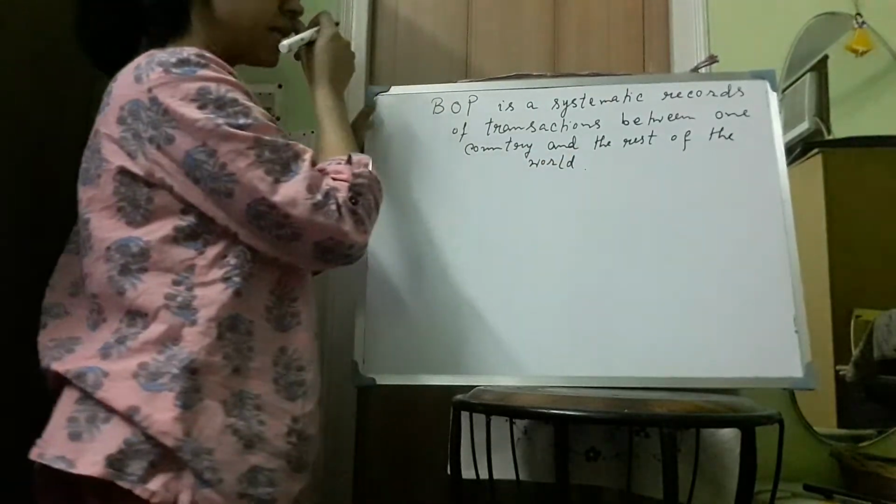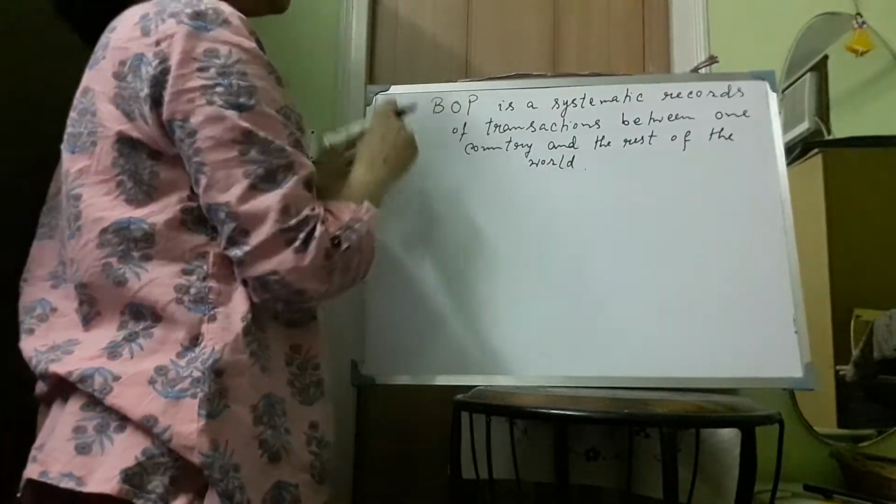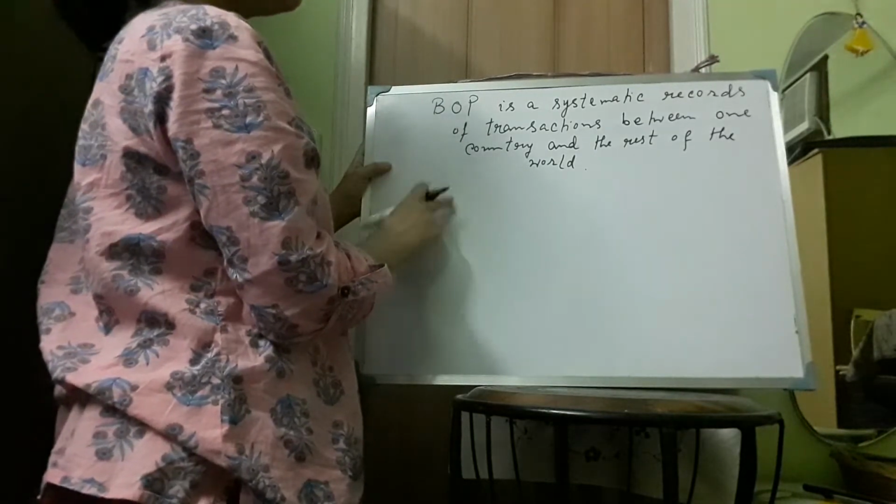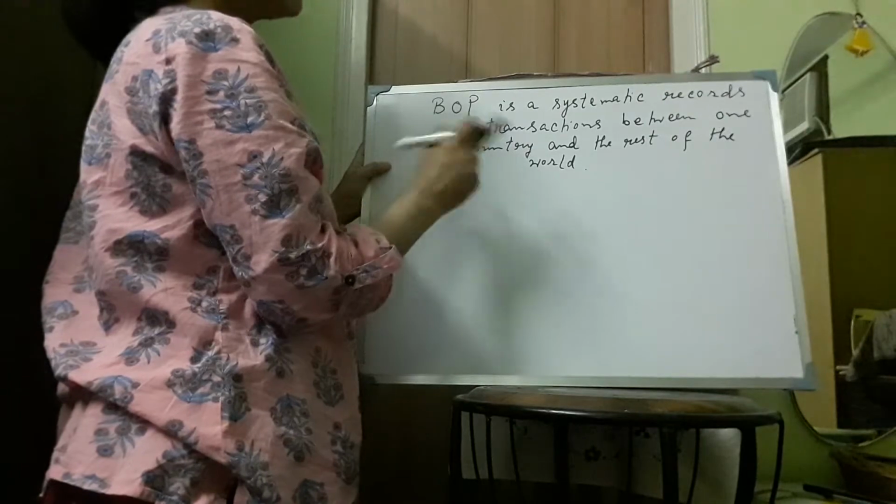So if we consider the balance of payment of a particular country, then balance of payment of that country is the systematic record of transactions between that country and the rest of the world.